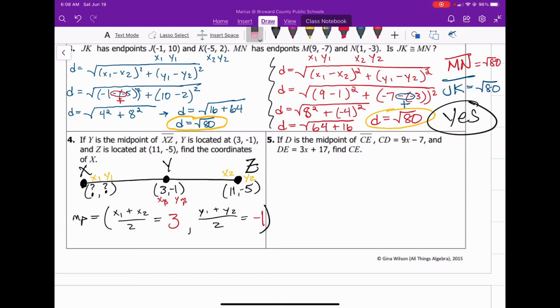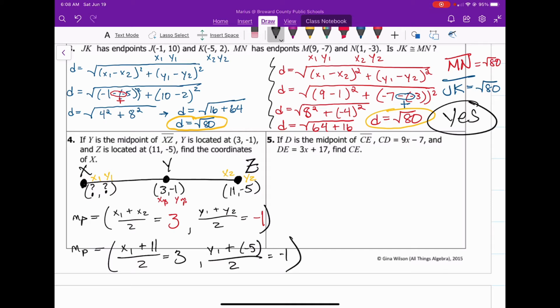So if we plug those into our formula, we don't have an x1, but we do have an x2, which is 11, and all of that is going to equal 3. And then we have y1 plus our y2, which is negative 5, all divided by 2, which would equal negative 1.